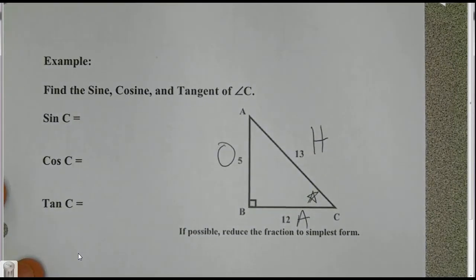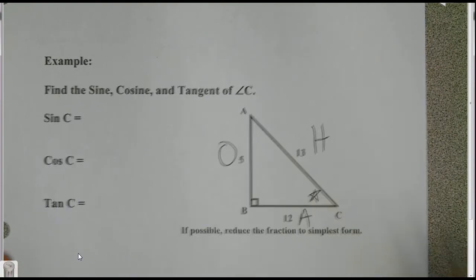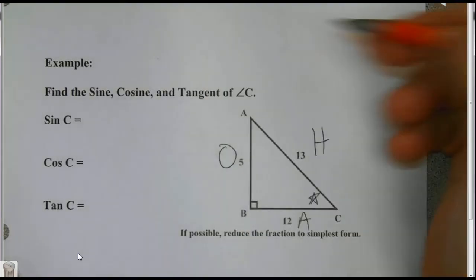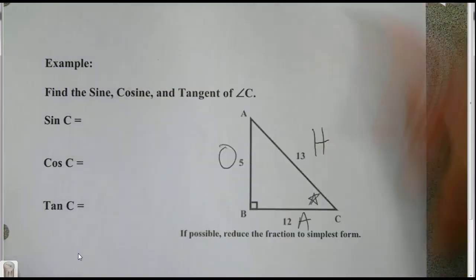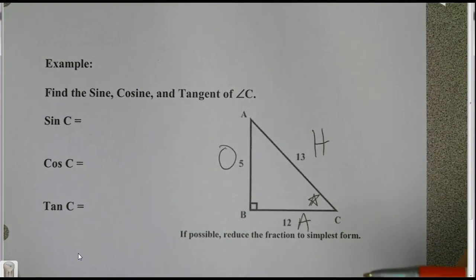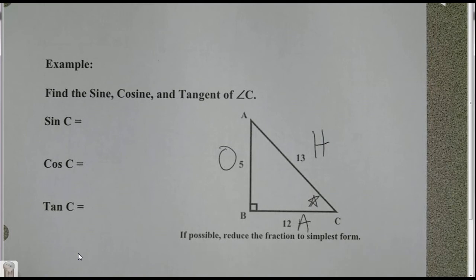So here's how we write the formula to find the sine, cosine, and tangent of something. To write the sine, looking at our patterns above, sine is opposite over hypotenuse.